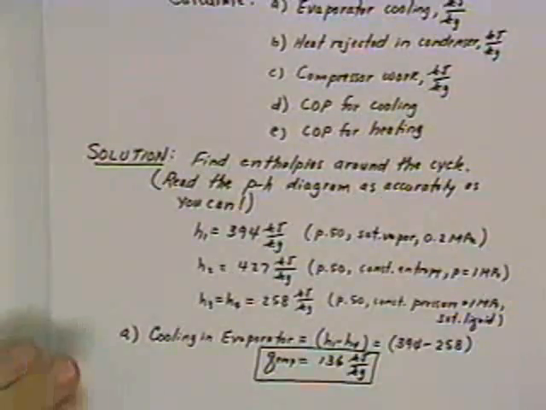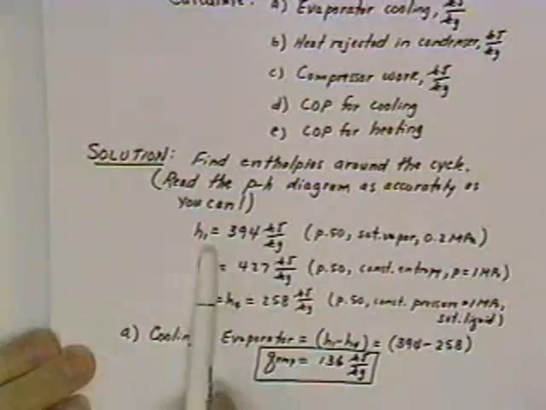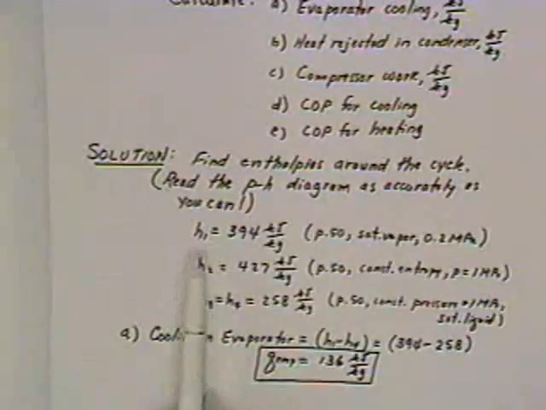Okay, so first of all, enthalpy at 1, this is the location of the entering into the compressor, and so I got a value of h.